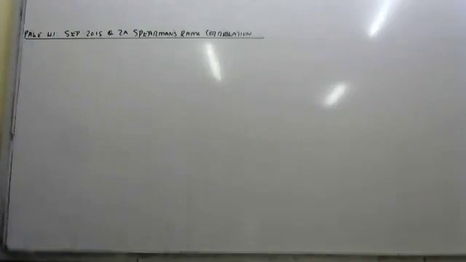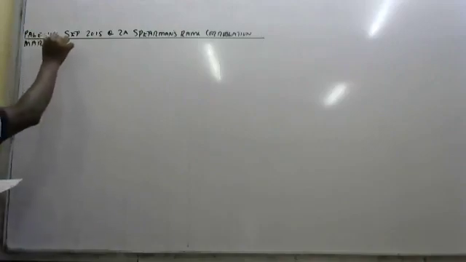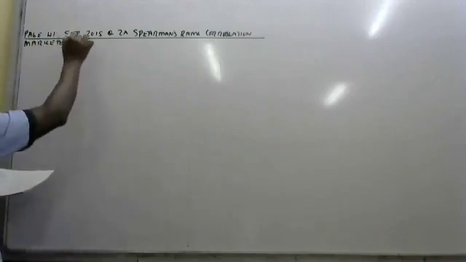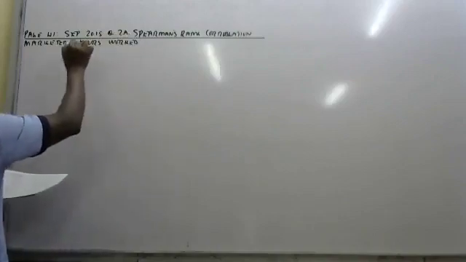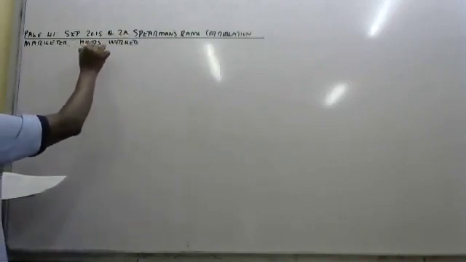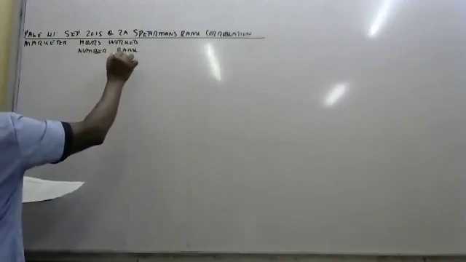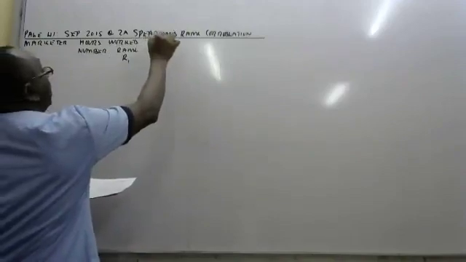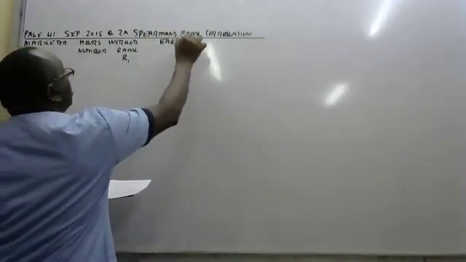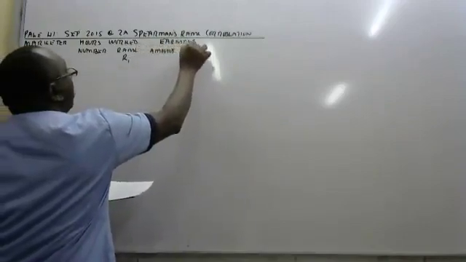So in the Spearman rank correlation, we are going to have the marketer here. Then we have the hours worked, we have the number, and then we have the rank. That is rank 1. Then we have the earnings, we have the amount, and then we have the rank.